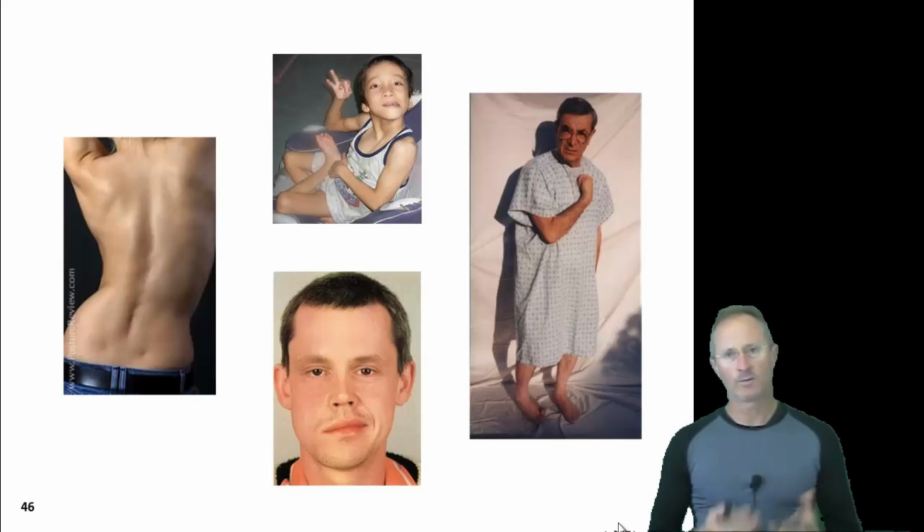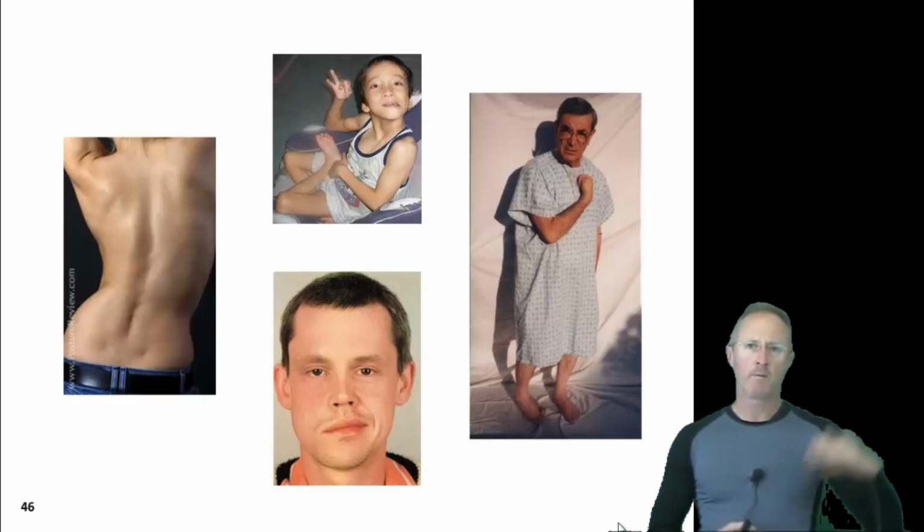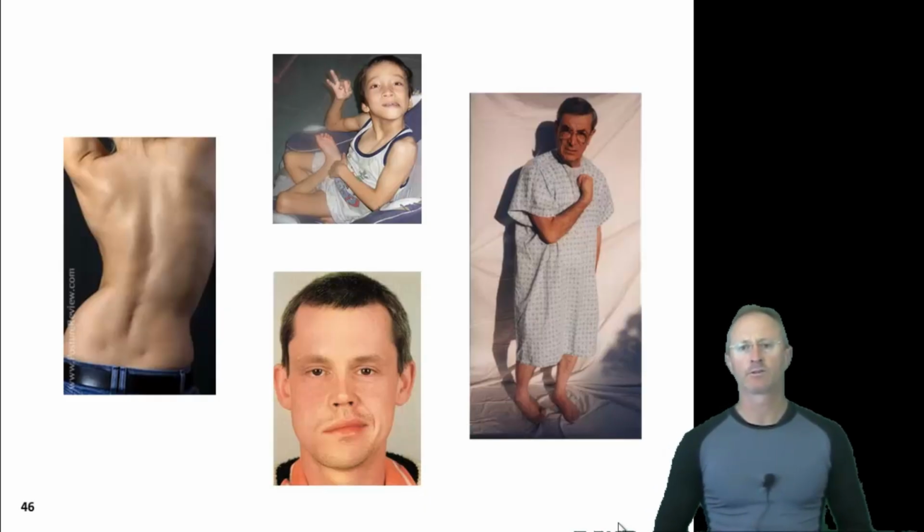Any form of spasm, change in tone, change in temperature, change in flexibility, change in elasticity are really a reflection of someone's neurological state, more so than a reflection of their mechanical state.